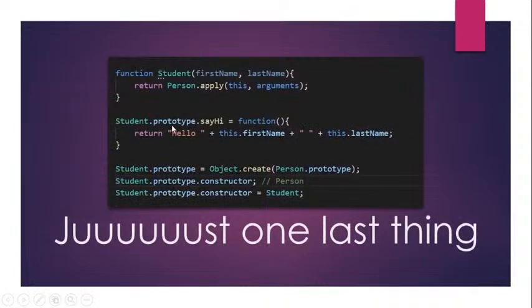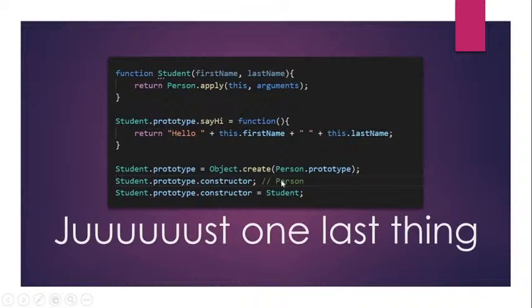Okay. And just one last thing to be added in the inheritance portion: the student.prototype.constructor, if you are about to check, will be pointing to the person constructor, and that shouldn't be the case, because we talked about before that every prototype object has a property constructor related to it. Okay, every object has the property constructor, and that property takes this back to the constructor that we talked about.